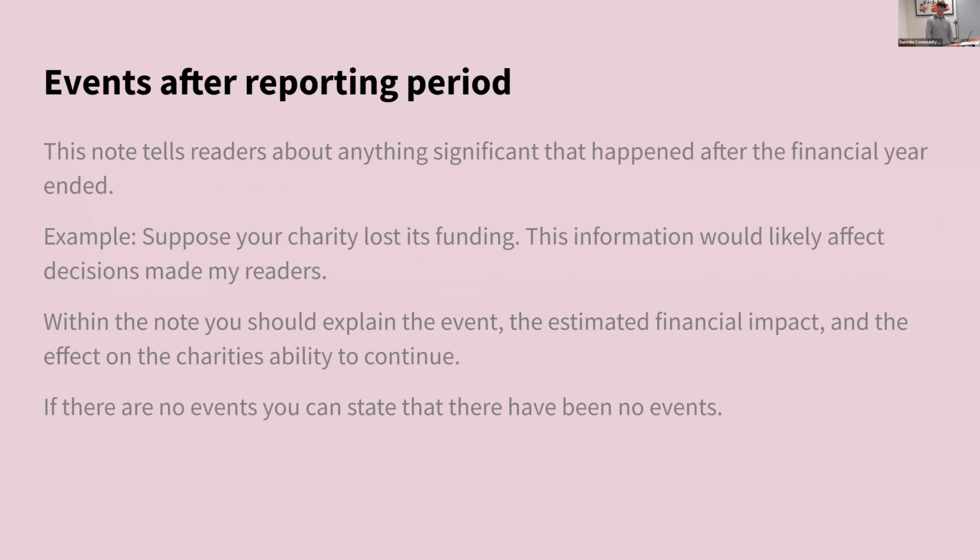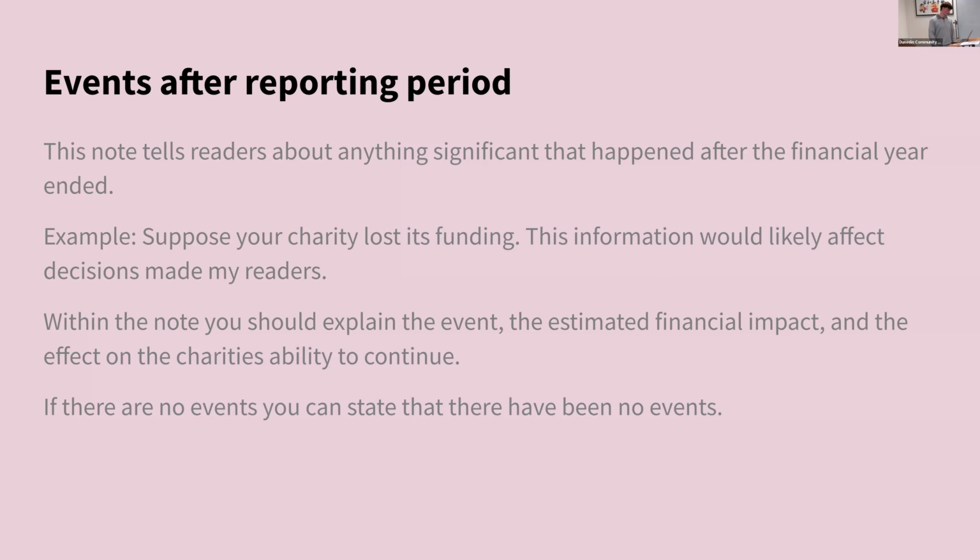So now on to events after the reporting period. This note tells readers about anything significant that happened after the financial year has ended. So it's really the period between the financial year end and before you've finished your reports. So an example here, suppose your charity has lost its funding.